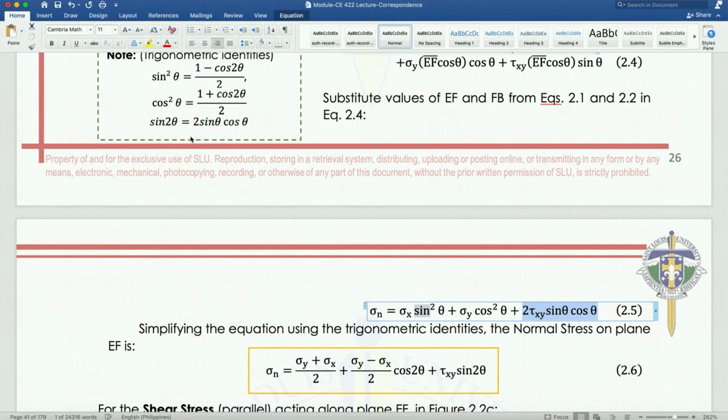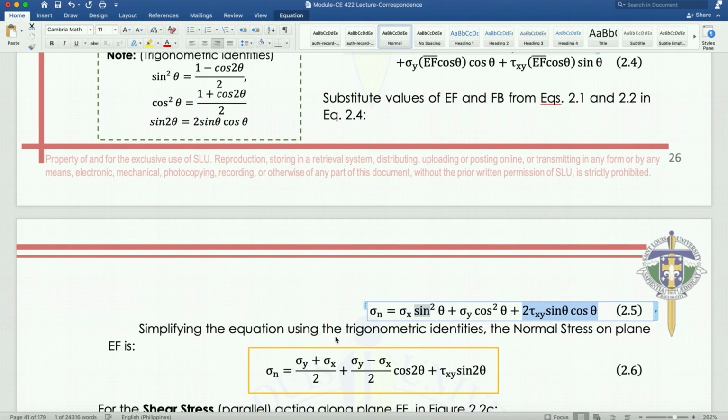Take note, this here, we have 2 sine cosine theta. Then we can cancel that out and we are left with sine 2 theta.